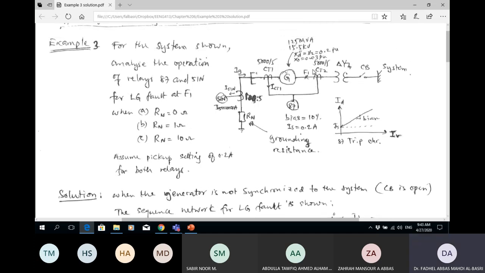Now, because this is open, when there is a fault here, there will be no current in CT2, so current only goes into CT1, and so I have only I1, and I2 becomes 0.